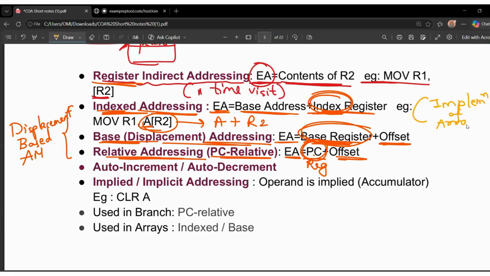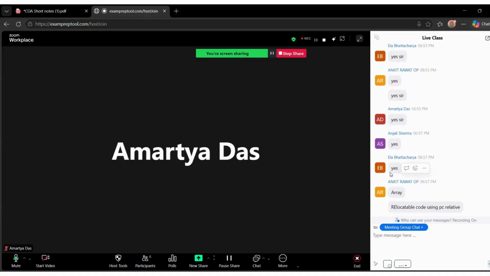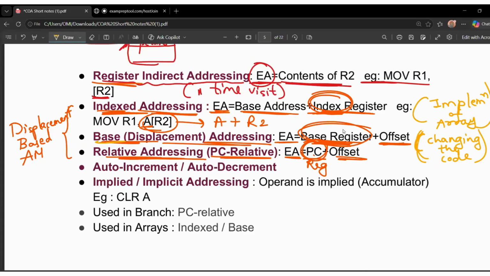And base addressing is used for changing the location of the code. There are some direct PYQs also, relocatable code we have seen.